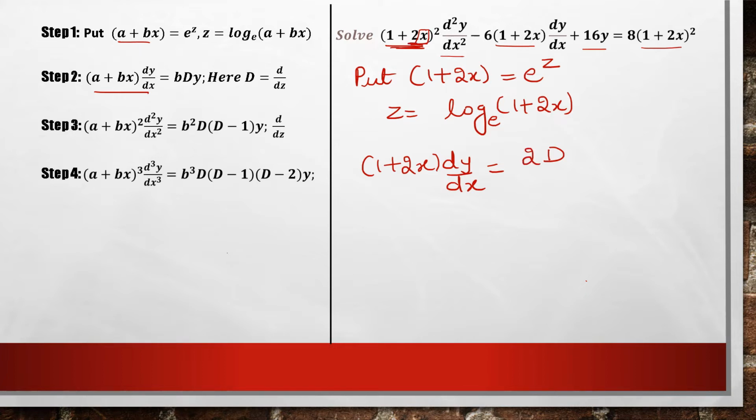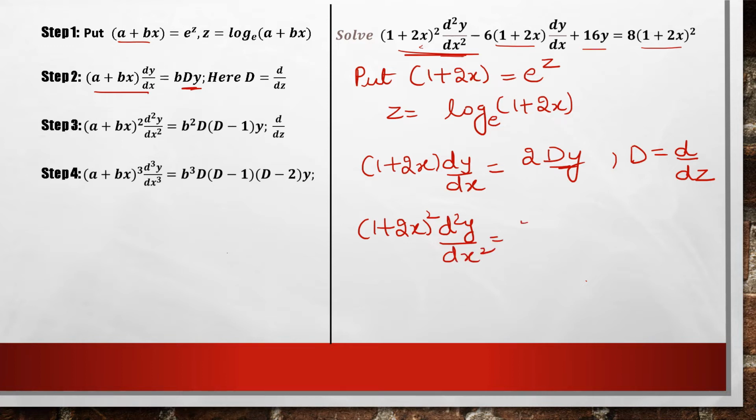So 2 capital D y, and capital D is the derivative with respect to z. Because we have a second order derivative also, (1 plus 2x) whole square d square y over dx square will be equal to 2 square D (D minus 1) y. Just make these substitutions in this equation.